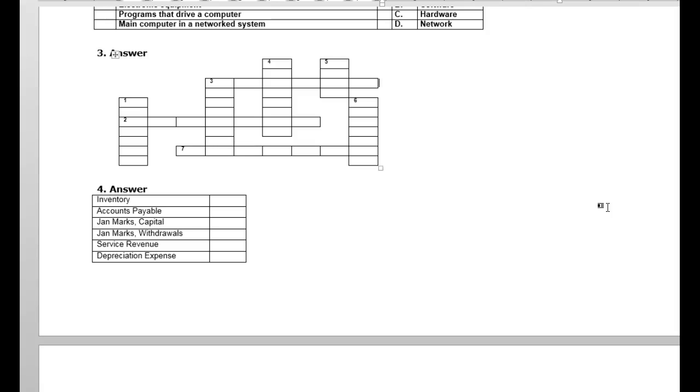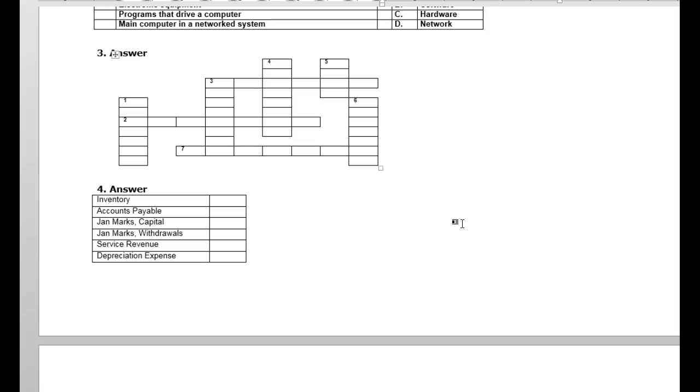And finally, for question 4, this one is looking at inventory. It's looking at accounts and account numbers and how we number them, how we make that decision. It's going to ask you to choose from some numbers and try to decide which account it goes with.